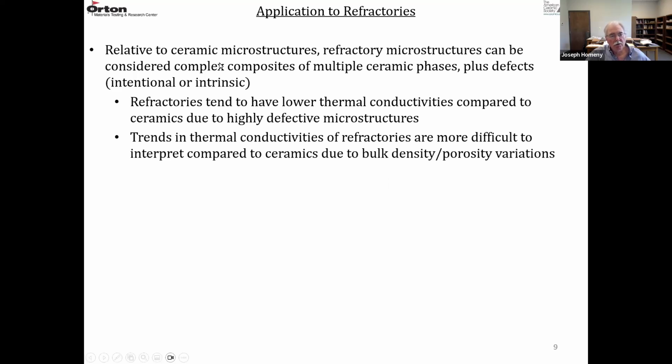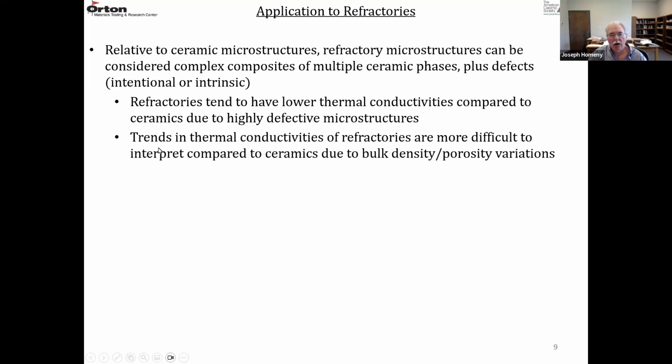So relative to a ceramic microstructure, the microstructures of refractories are more complex. They have multiple phases present. They have defects which are either intentional or intrinsic. So in general, refractories tend to have lower thermal conductivities compared to normal ceramic materials because they have a more defective microstructure.